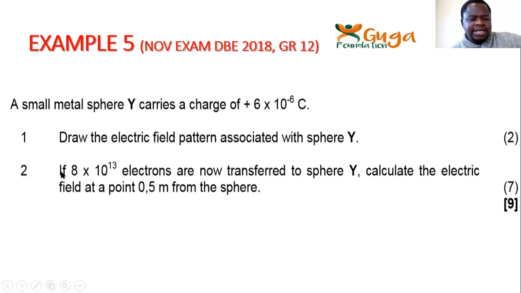diverging. So that's saying that if 8 times 10 to the power 13 electrons are now transferred to sphere Y, calculate the electric field at a point 0.5 meter from the sphere. So now you are given the electrons which are transferred. From the electrons, you have to get the number of charges transferred. So you multiply these electrons by the elementary charge, 1.6 times 10 to the power negative 19, to get the real charge.